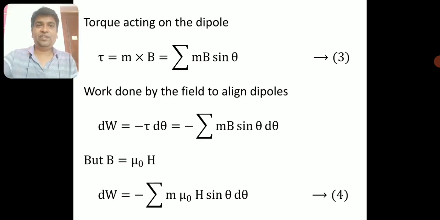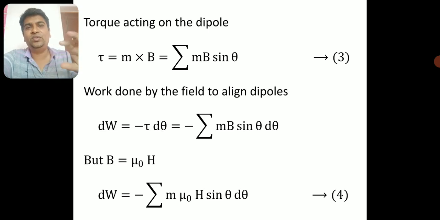Now if I find the work done by the field in aligning these dipoles, dW is equal to minus tau d theta. It's just like force into displacement. In linear motion, work is force into displacement, f into x, whereas in the case of rotation it is tau into d theta. Here, instead of f I write tau, and instead of x I write theta, because this is a kind of rotation.